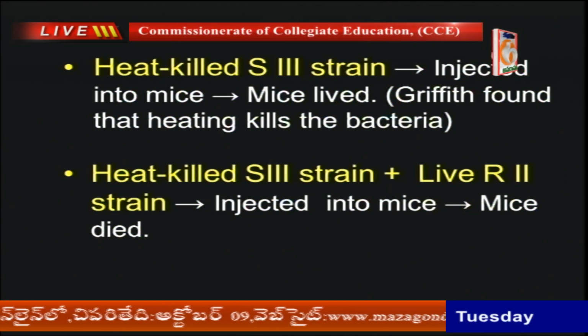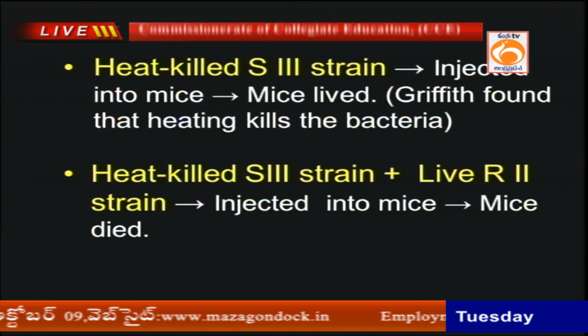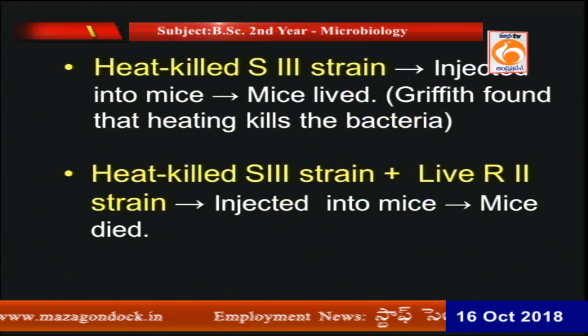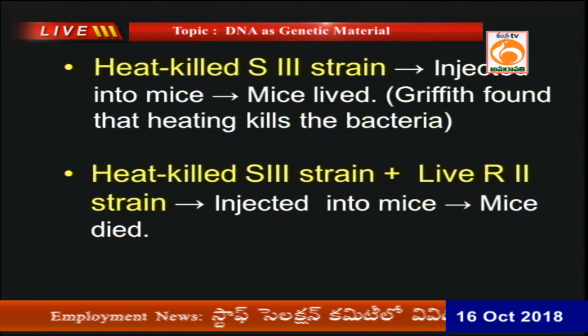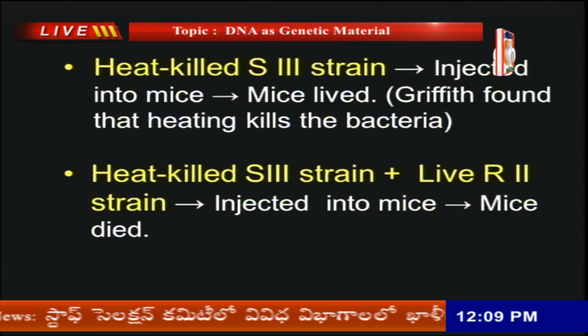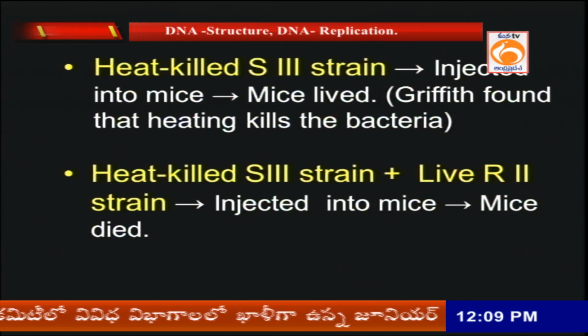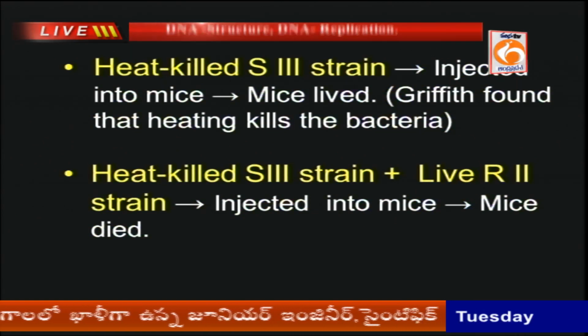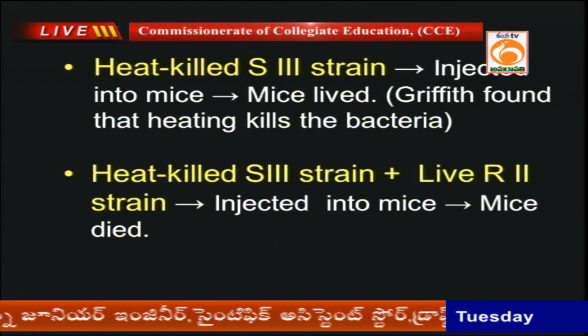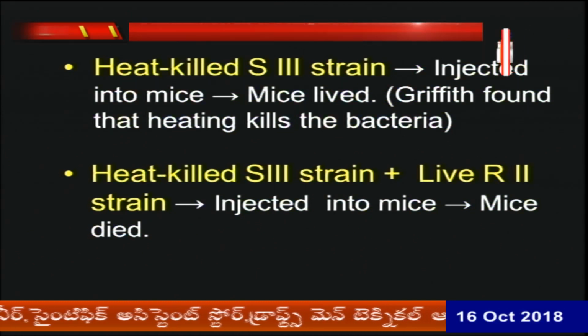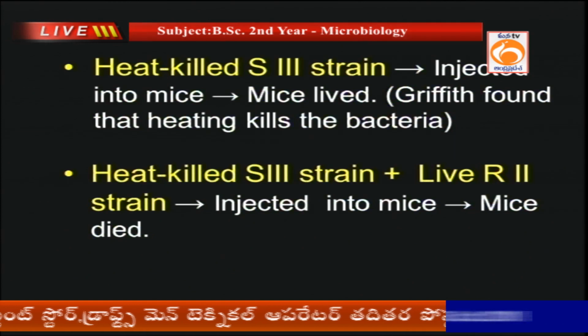There were no symptoms of pneumonia, indicating that all the cells were killed by heat treatment. Then he tried a combination of heat-killed S3 strain mixed with live R2 cells and injected it into mice. Surprisingly, there were symptoms of pneumonia.